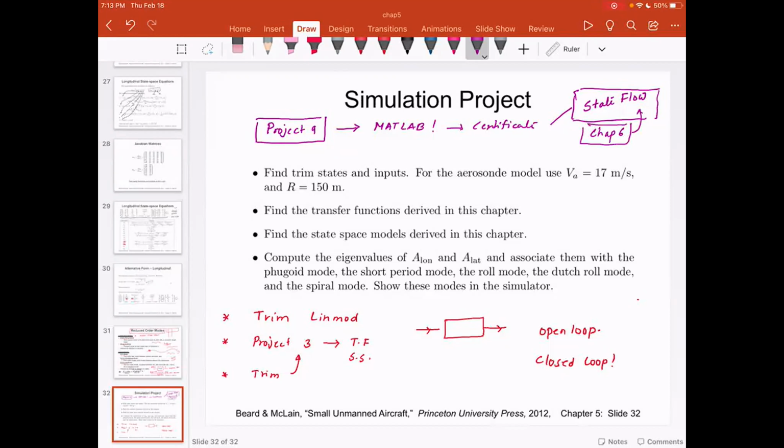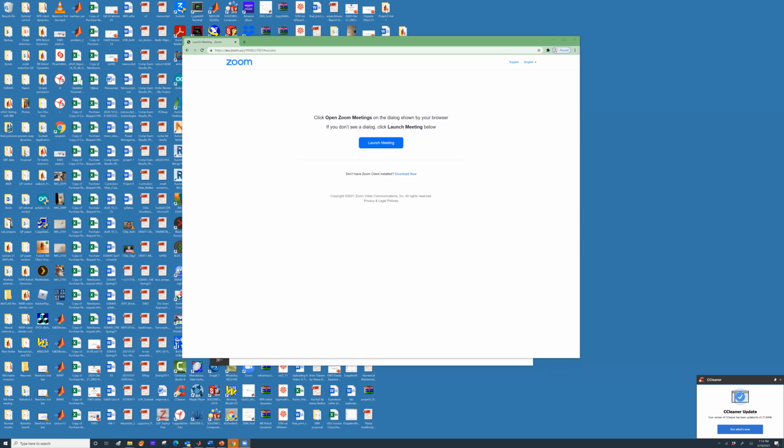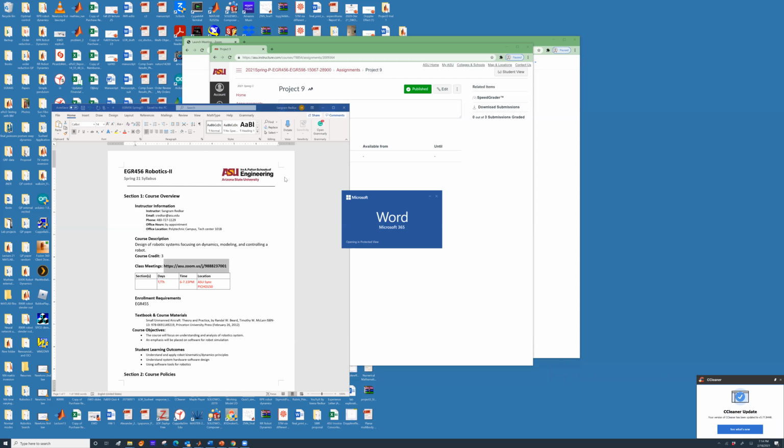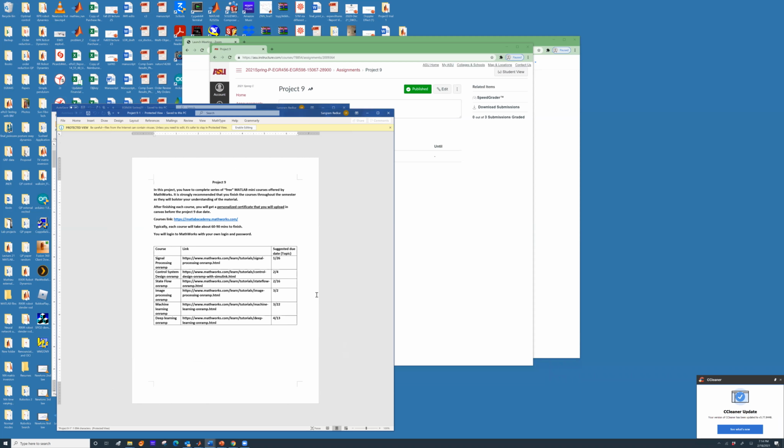Project 9, if you look at the assignment, I'll quickly open project 9 and I will share my screen. So project 9, this project 9 is using the MathWorks videos.